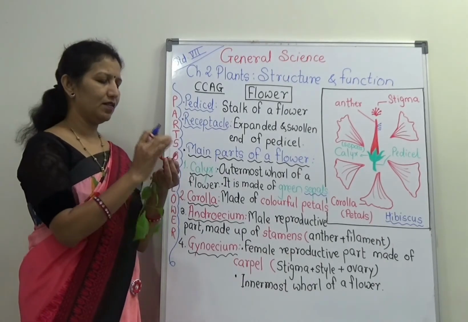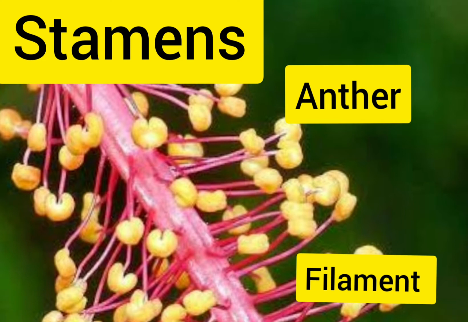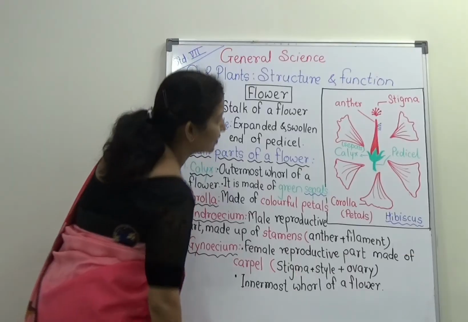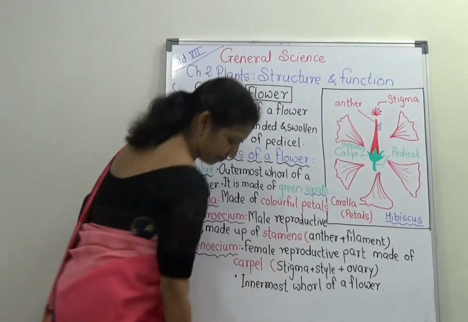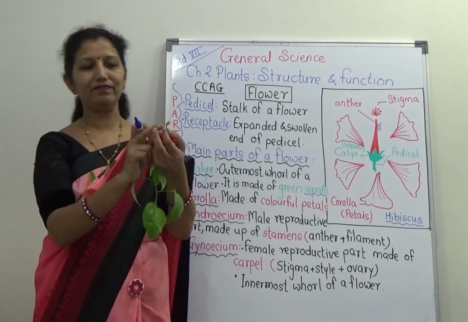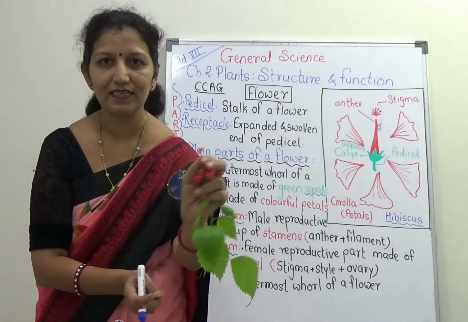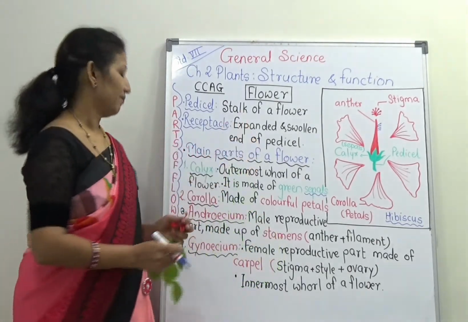There are number of stamens here, and these stamens are made up of anther and filament. This is anther and filament. Filament is tube-like structure that holds the anther. So these are stamens over here. These are yellow colored stamens. You can see it in your flower also.